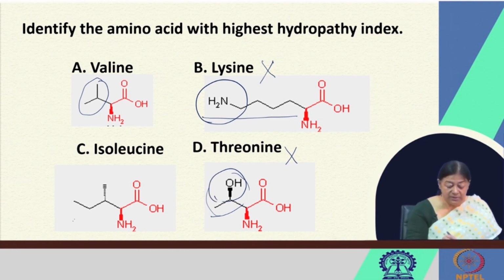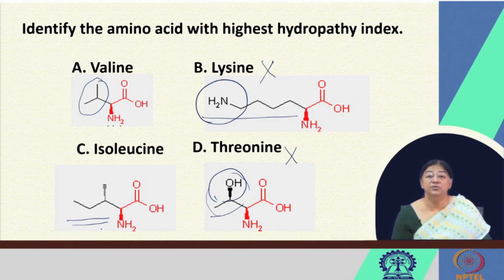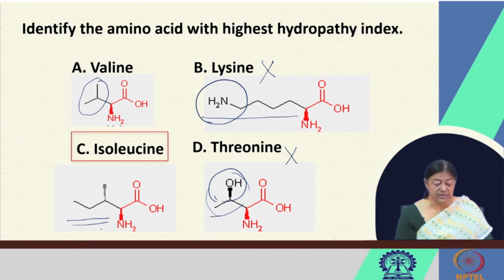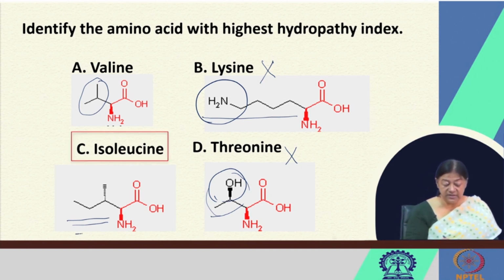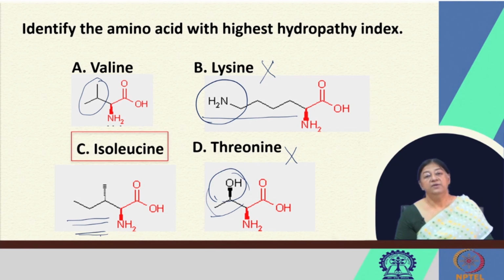So, now among these two groups, which one has a more hydrophobic character would depend upon the number of carbons it has and the number of hydrogens it has in association. So, we realize that isoleucine has a greater hydrophobic character, rendering it the amino acid with the highest hydropathy index.